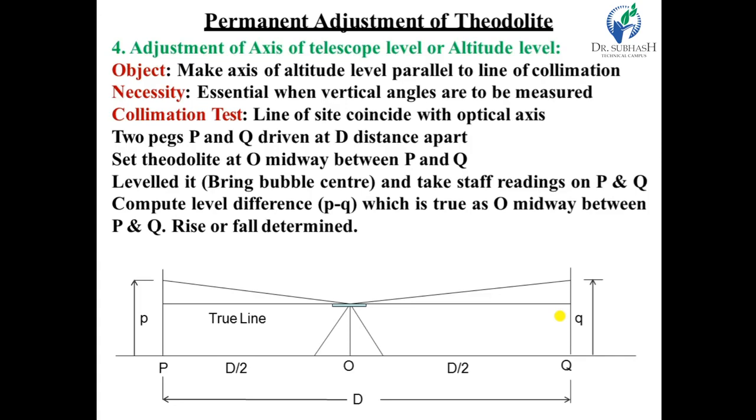Set the theodolite at O midway between P and Q. Level it and take staff readings on P and Q. Compute the level difference, which is true as O is midway between P and Q, rise or fall determined.